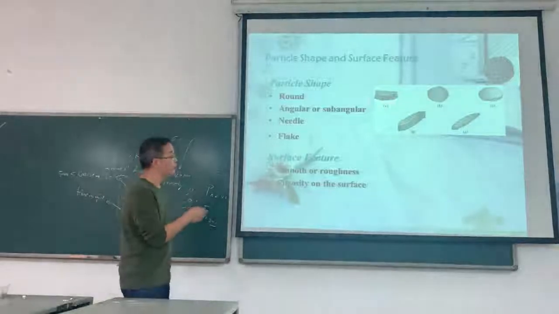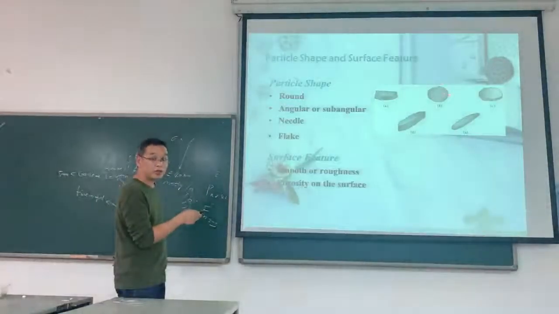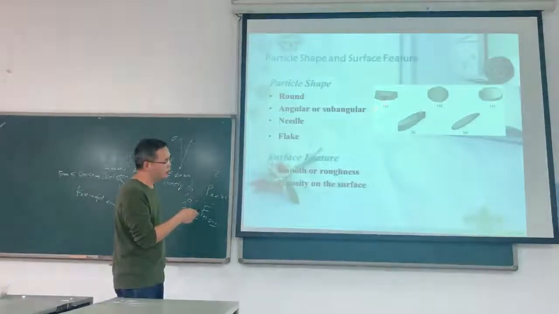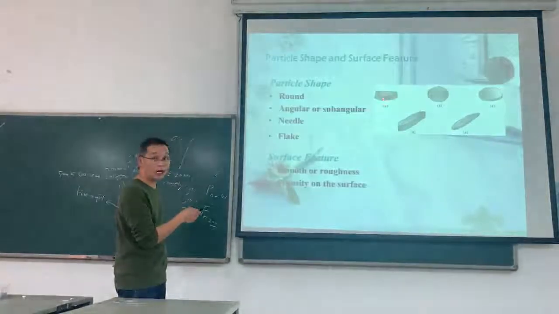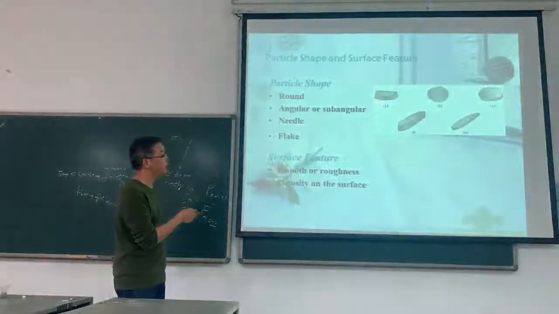The round one is especially for the natural material, natural aggregate. And for the crushed stone or manufactured aggregate, it is always angular or subangular shape.